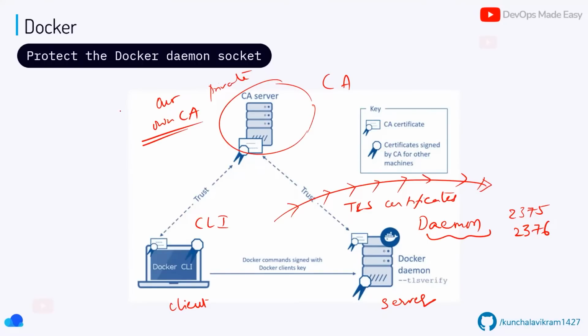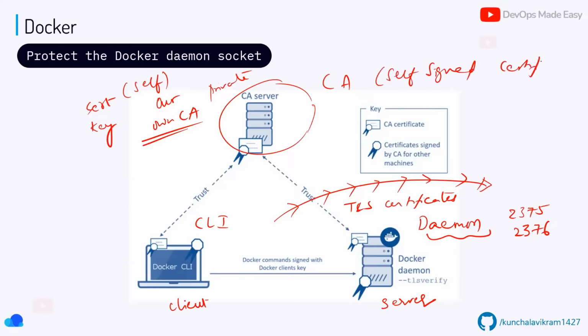The CA will have its own certificate and key. The certificate of the CA is signed by its own private key, and that's why it becomes a self-signed certificate. So the CA will have its own self-signed certificate.